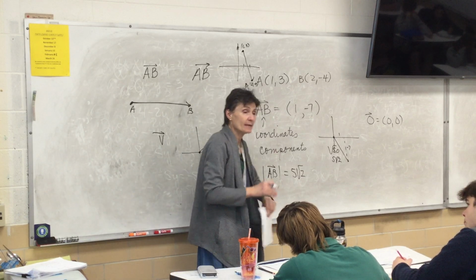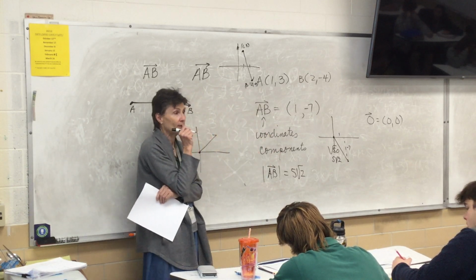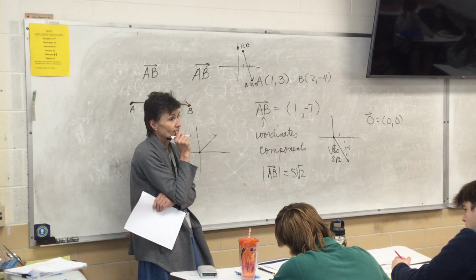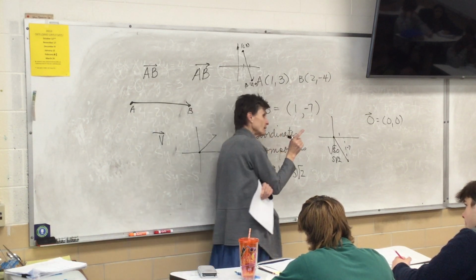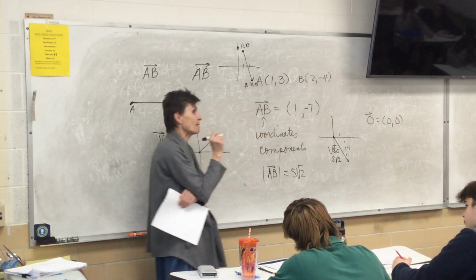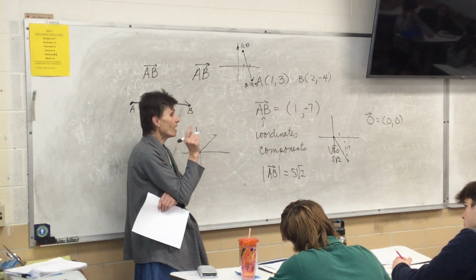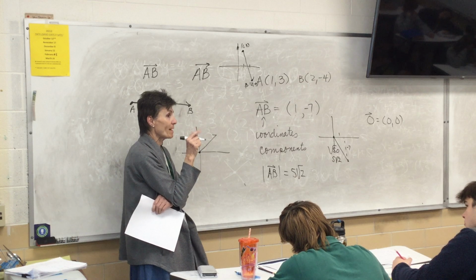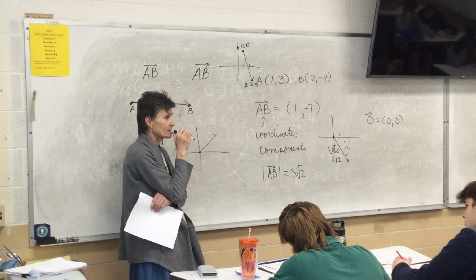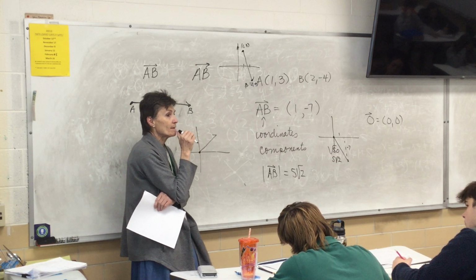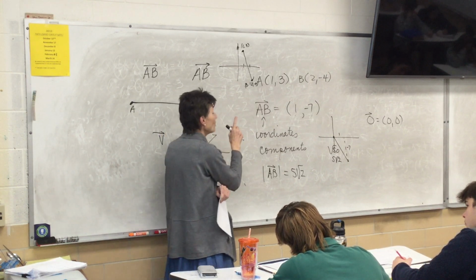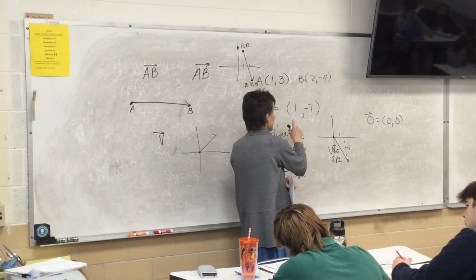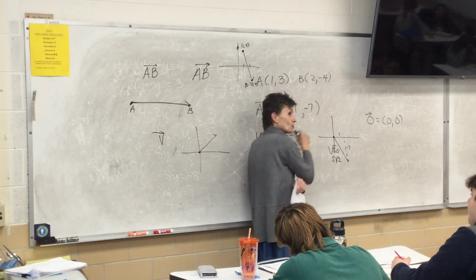Equivalent vectors. Any idea what equivalent vectors might be? Alana? Vectors with the same magnitude? Actually, equivalent vectors will have the same magnitude, but vectors can have the same magnitude and not be equivalent. Same direction. Same directed distance. That's exactly right. So if they're equivalent, Alana, they have to have exactly the same vector coordinates.